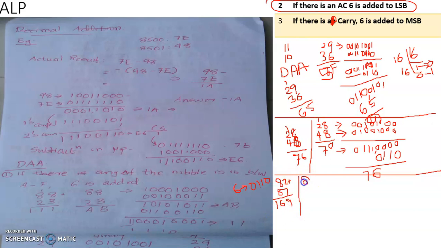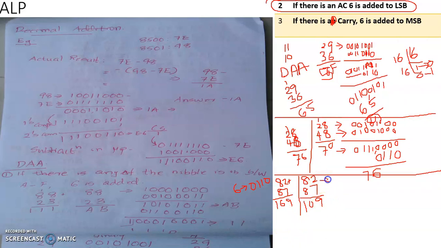But the processor will perform this as a hexadecimal addition. 82 plus 87. 7 plus 2, 9. 8 plus 8, 16. 16 is 1 0. The 1 0 that I have written here. So this will be the result that we obtain.